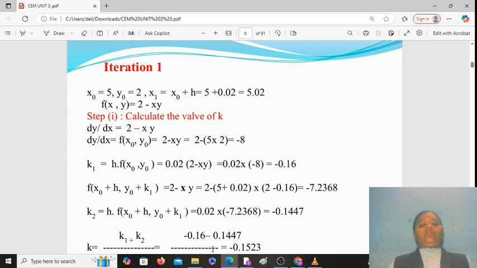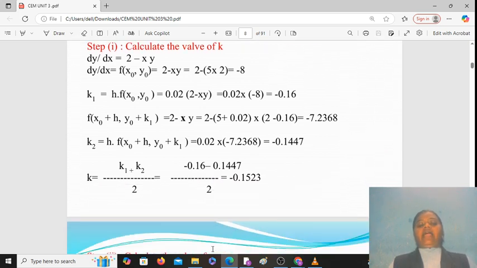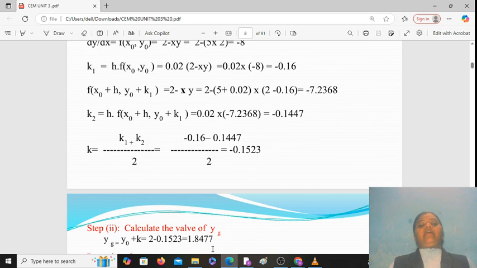We calculate the value of K2. K2 is equal to h into f(x0 plus h, y0 plus k1), which is equal to 0.02 into minus 7.2368, which is equal to minus 0.1447. Next, we find the value of k, which is (K1 plus K2) divided by 2.